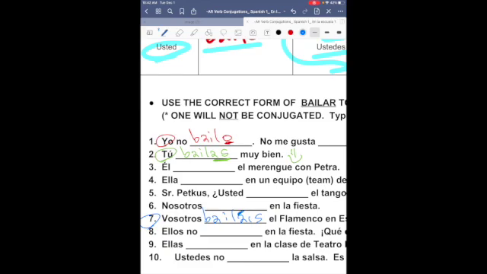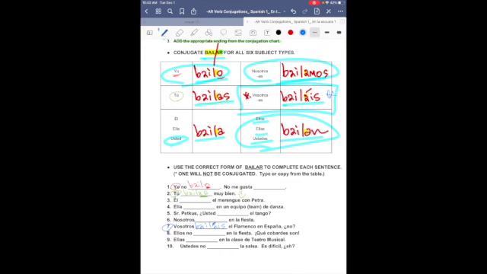En España, ¿no? It says here, use the correct form of bailar to complete each sentence. One will not be conjugated. You can type or copy from the table. So this is a whole thing about bailar. Everyone is dancing. Todos bailan. Everybody is dancing.